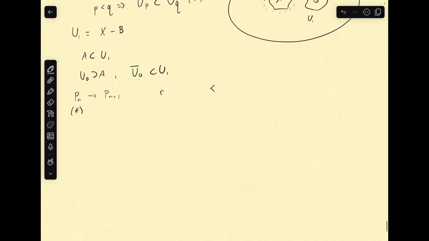So now if we take P of n plus 1 to be P of n union this next element in the sequence, we know that R is going to have an immediate predecessor and immediate successor, because it's not the maximum and it's not the minimum.